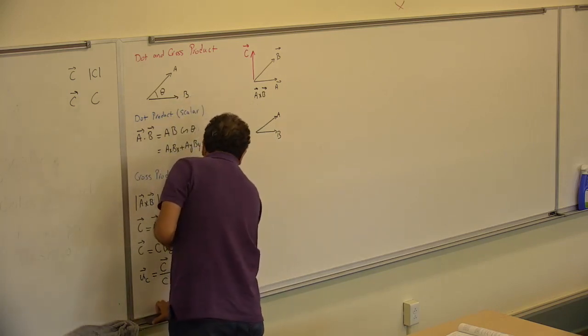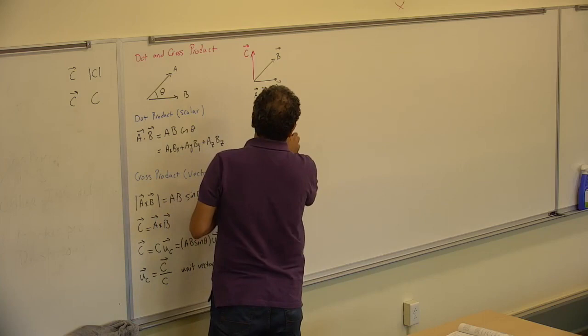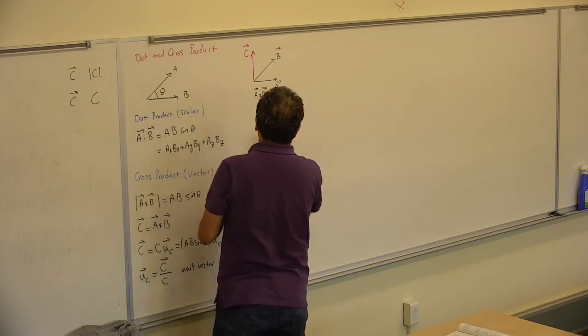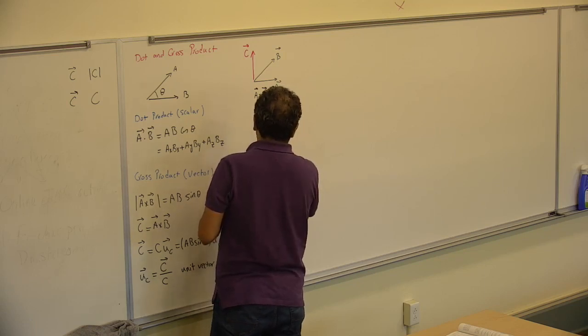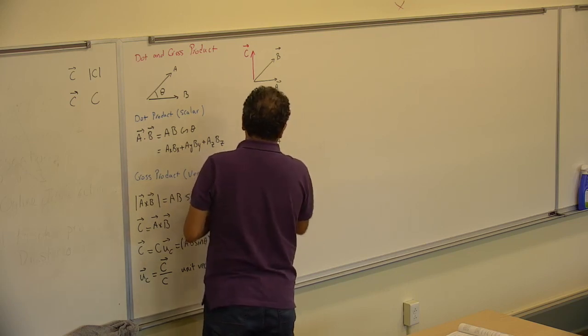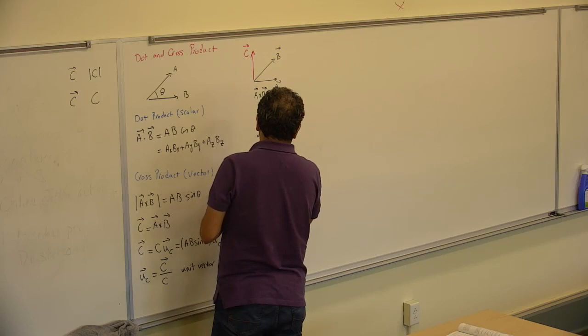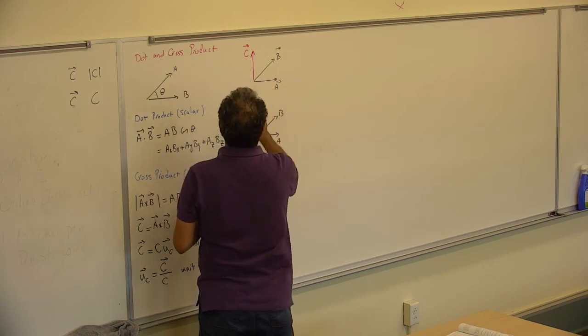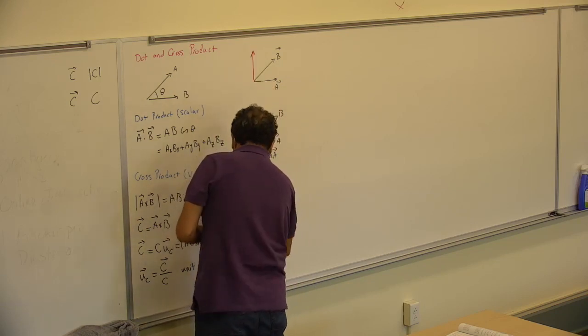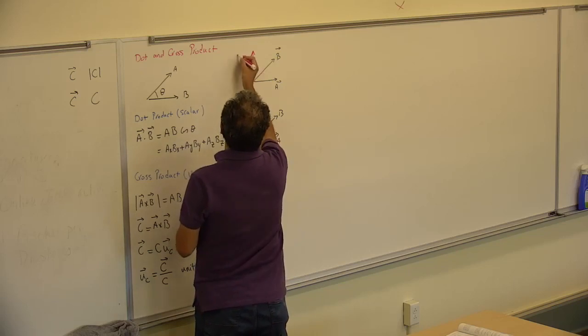Let's do it the other way, it's easier to understand. Let's have it as the A and B, but this time B cross A. What would be B cross A? Would it just be going the opposite direction? So instead of having your C point up, it would be pointing down.